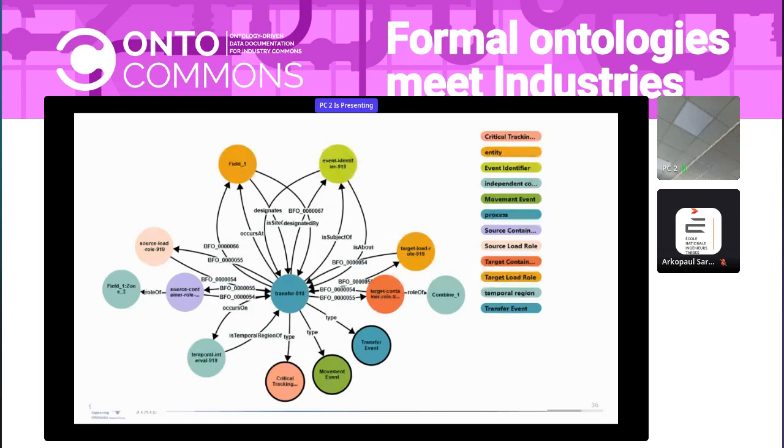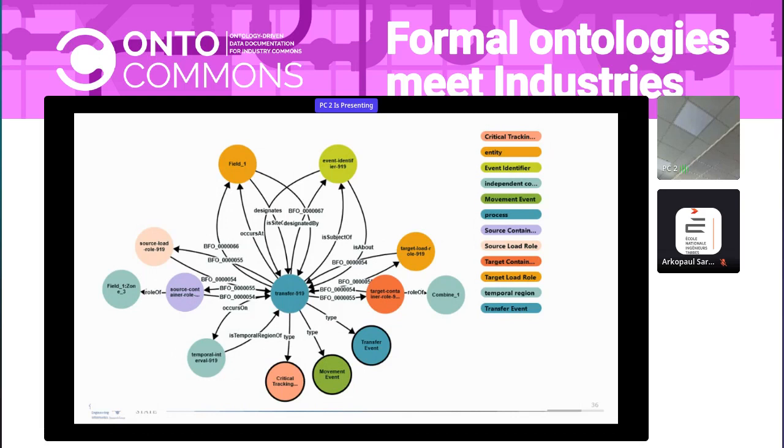For example, a transfer event is a type of movement event, is also a type of transfer event, and it occurs. And field 1 is where this transfer event occurs, so some of it is readable, but some of it is not. But still, we are happy to get something useful out of Stardog. Stardog has 3 subcomponents: Stardog Explorer, Stardog Designer, and Stardog Studio.